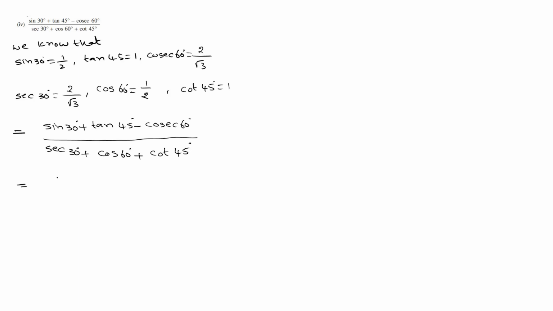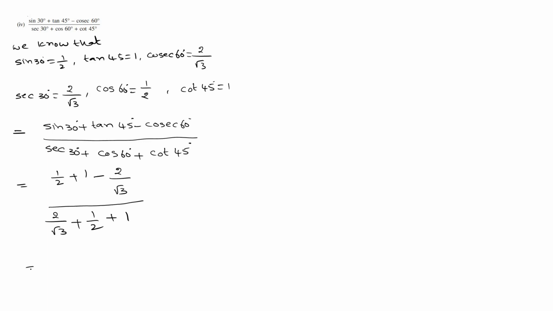We know sin 30 value will be 1 by 2, plus tan 45 is 1, minus cosecant 60 will be 2 divided by root 3, whole divided by secant 30, which will be 2 divided by root 3, plus cos 60 will be 1 by 2, plus cot 45 will be 1 here.